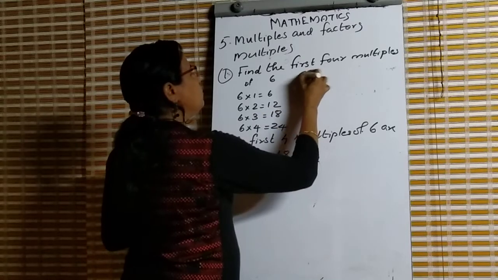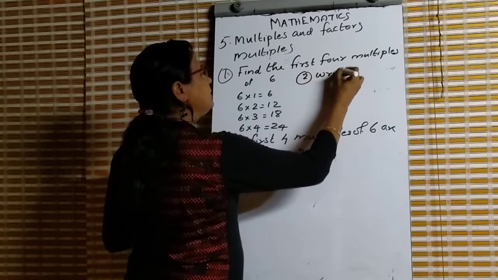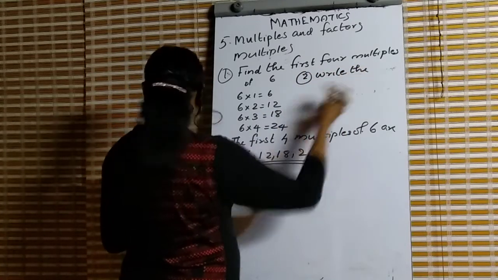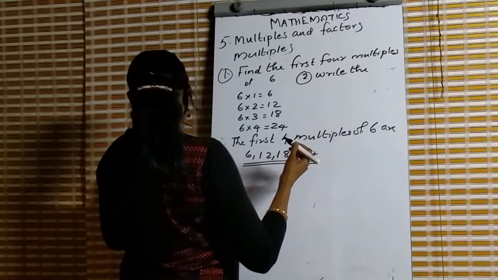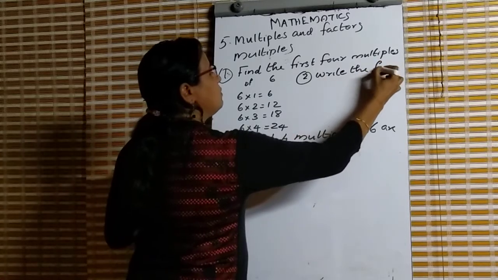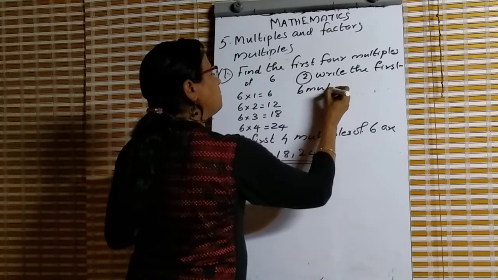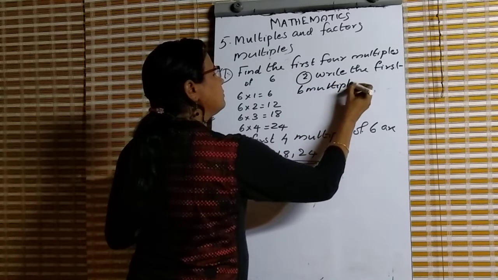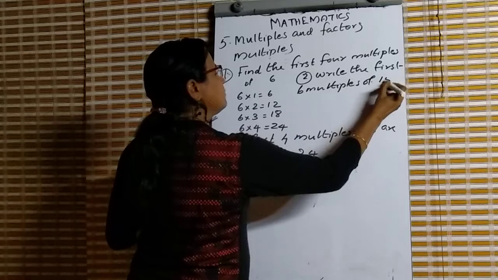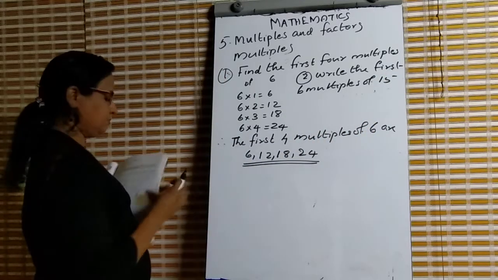Question number 2. Write the first 6 multiples of 15.